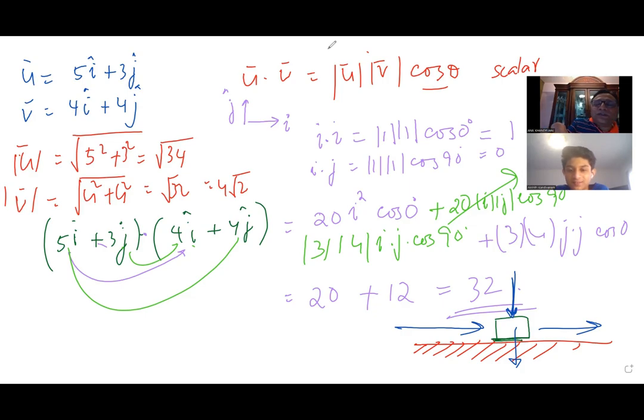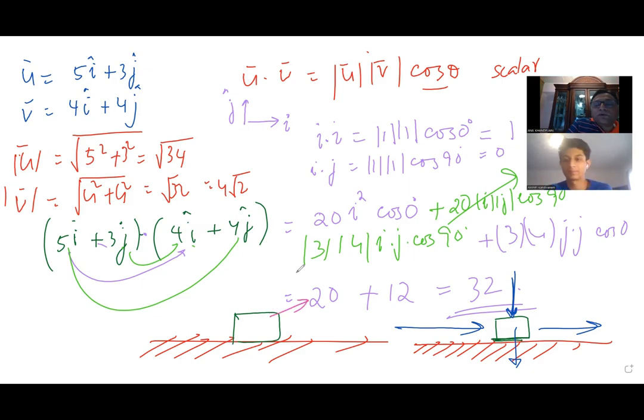Let me sketch the same situation again. This is our road, and we want to move this particular object, and we apply some force like this. The only component which helps it move is the horizontal component, the i component, F of i.